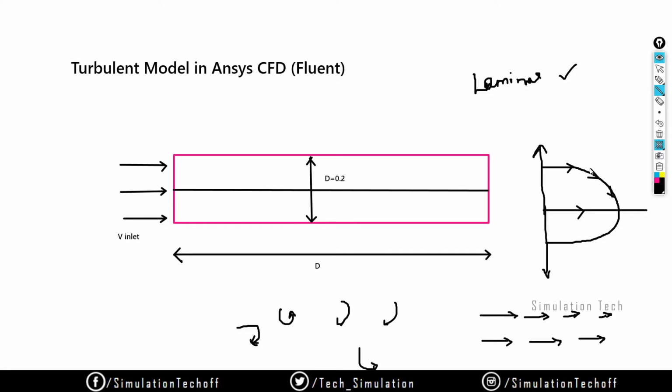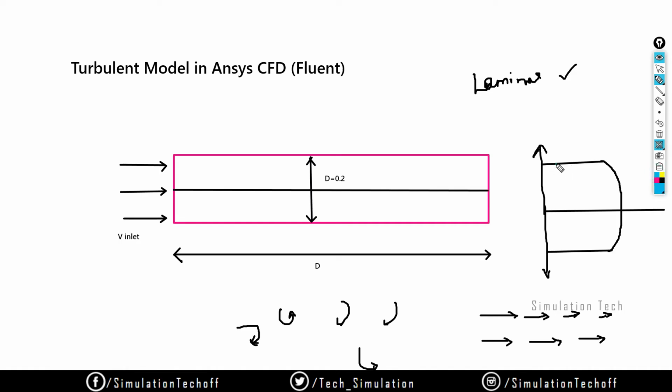Let's consider a turbulent flow. I am showing that this is for the laminar condition. If it is a turbulent condition, what happens? You'll get the same graph, but not exactly like that. You only have a bend like this, not too curvy a bend.